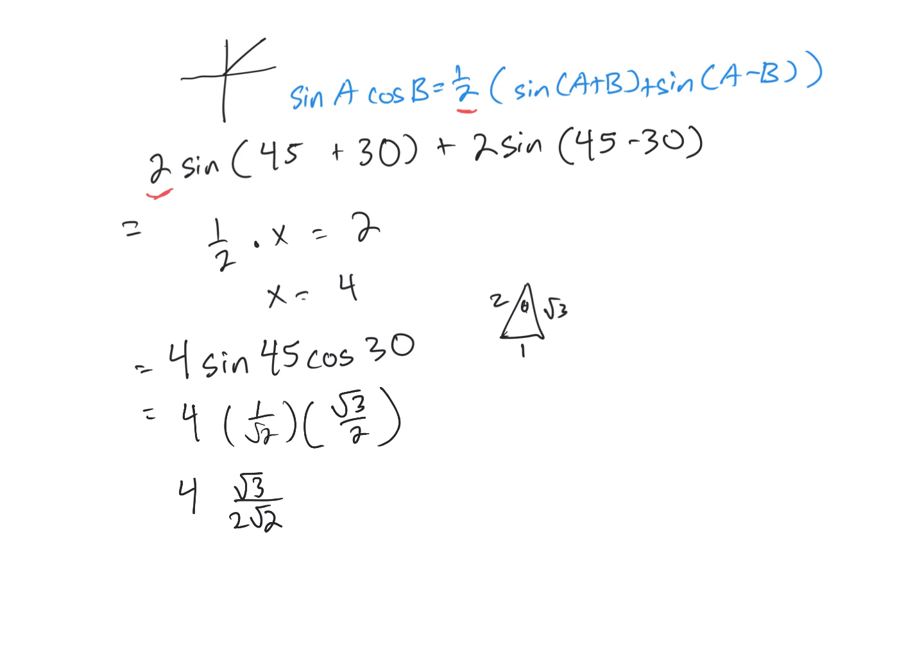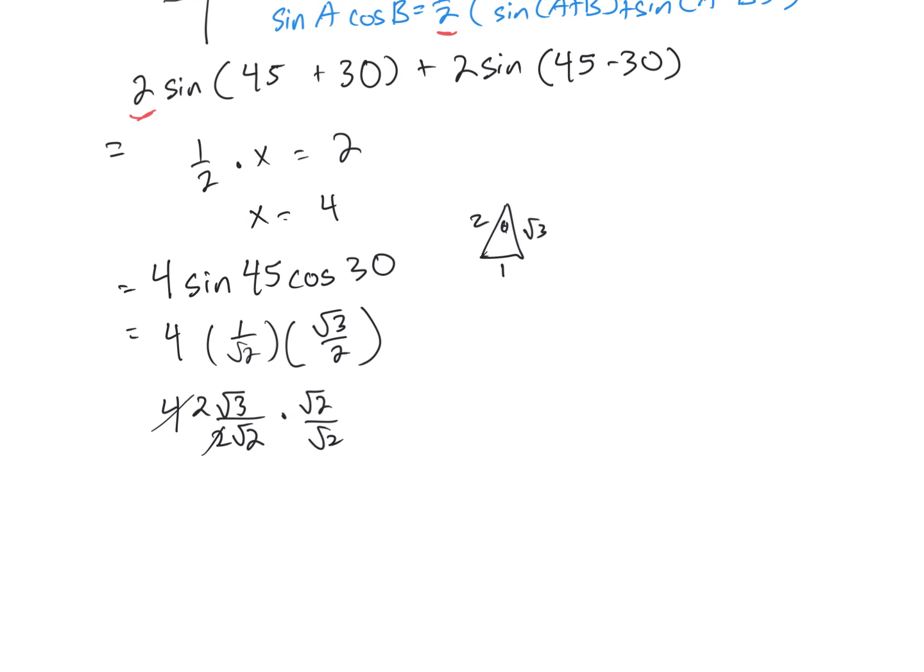We can simplify that by multiplying by root 2 over root 2, and the 4 and the 2 cancel each other out to make just plain old 2. Then we multiply it through, and we have 2 root 6 over 2. Those cancel out, and that just becomes a plain old root 6 as our answer.